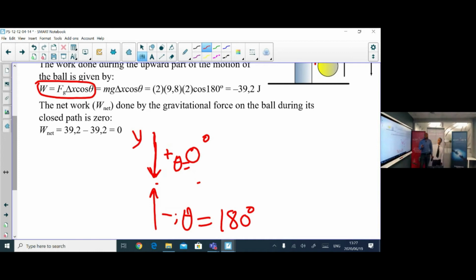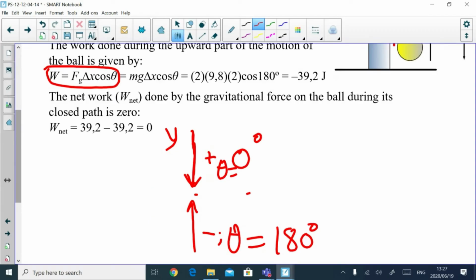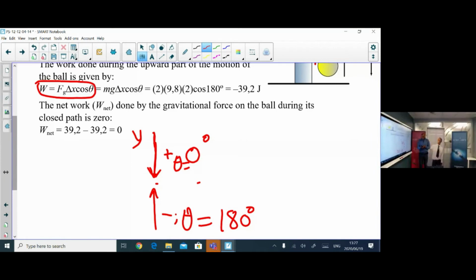My theta this time is equal to 180 degrees. We are still going to use the same mass. We have 2 multiplied by 9.8 multiplied by 2 multiplied by cos 180, which is equal to negative 39.2. Why negative? Because it's changing the direction of the motion.